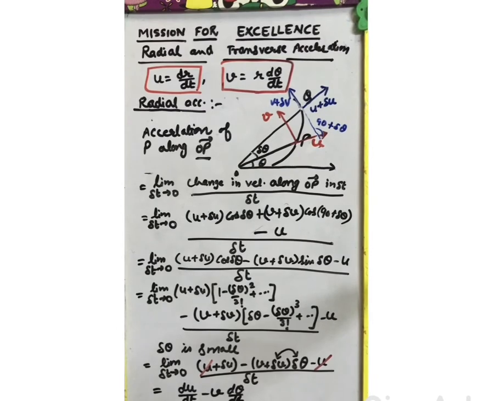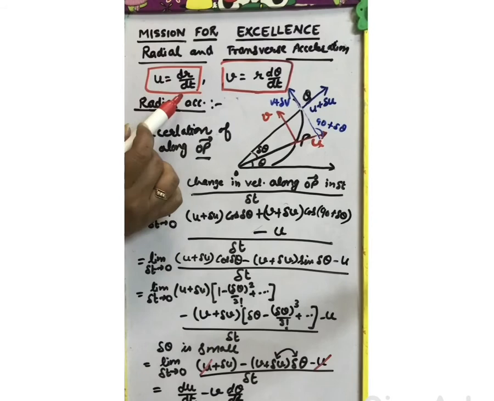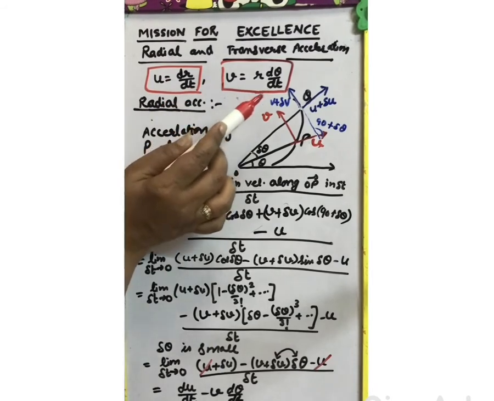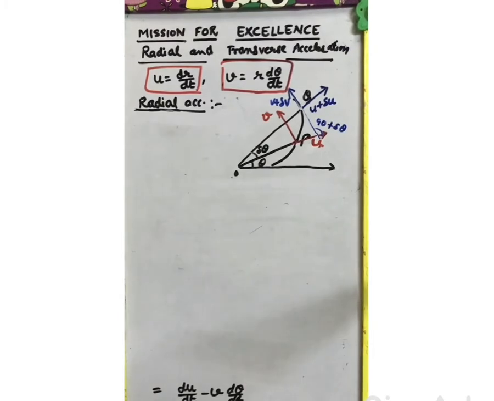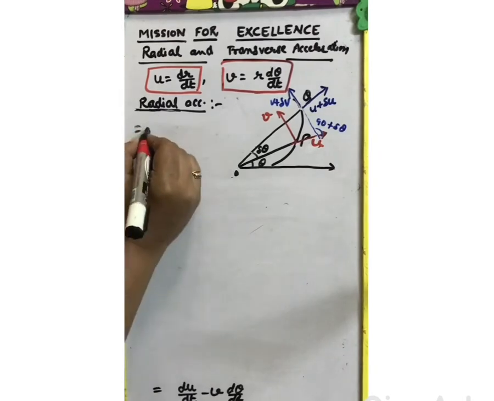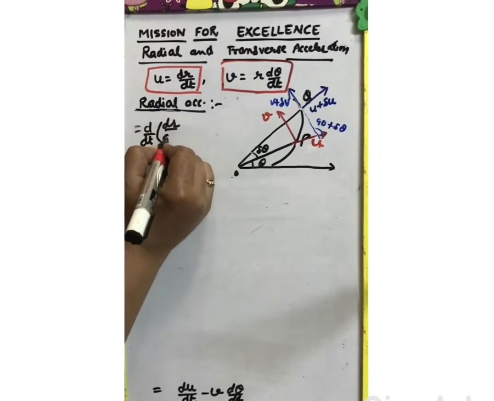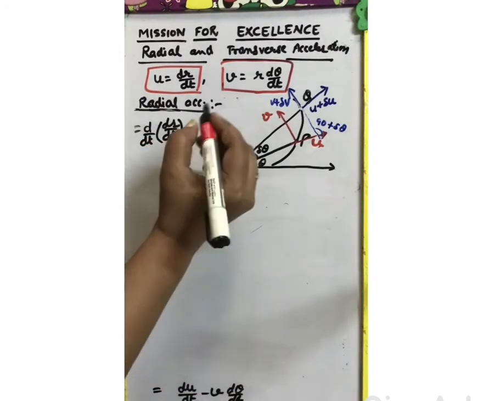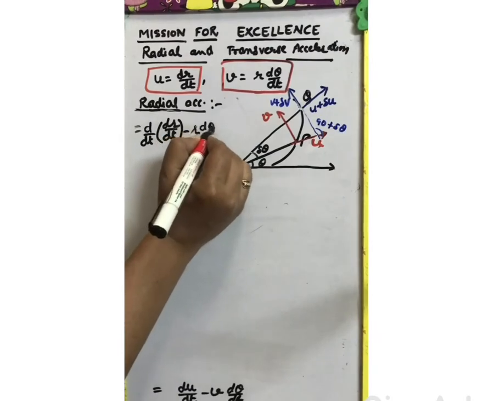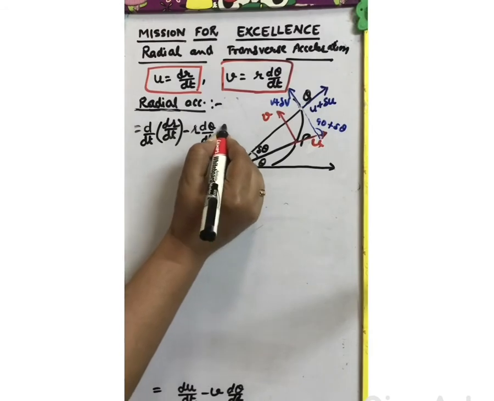So now if we put the value of u and v here, u is dr by dt and v is r d theta by dt. So let us put these values. So we have radial acceleration equal to d by dt of u, that is d by dt of dr by dt, minus v, that is r d theta by dt, into again d theta by dt.